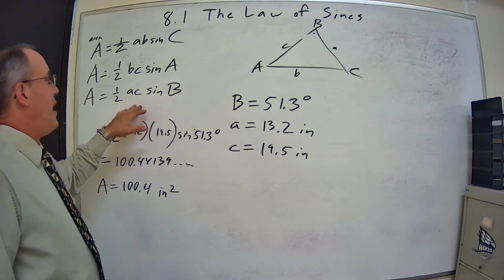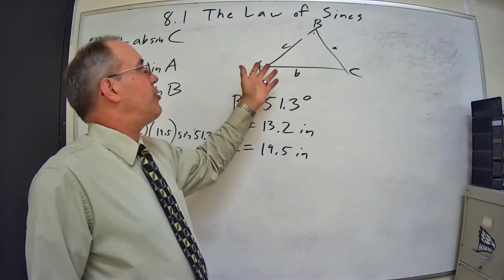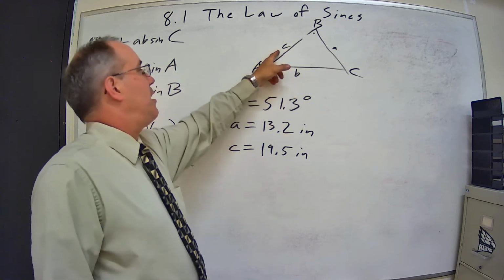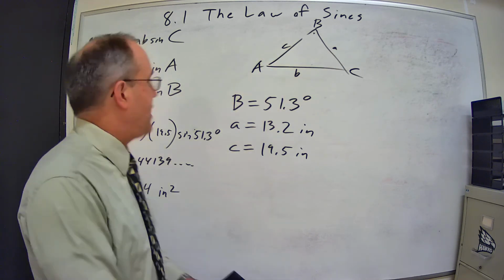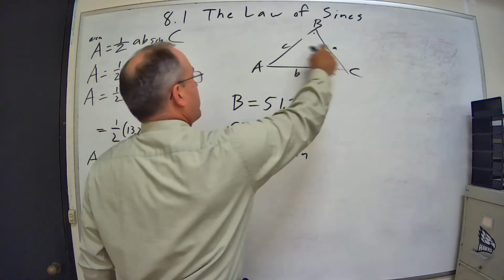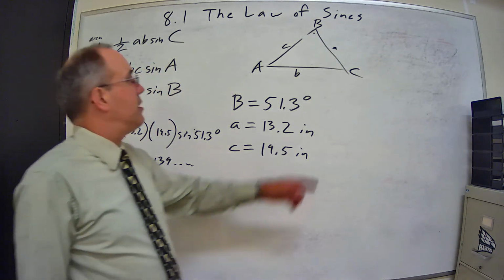That could be done with any angles, any sides. So if I chose two other sides, if I gave A and C and angle A, well, that doesn't fit into this. If I have sides A and C, I need to get angle B. So how do I do that?